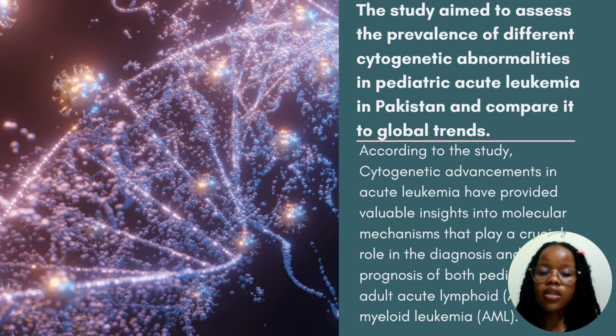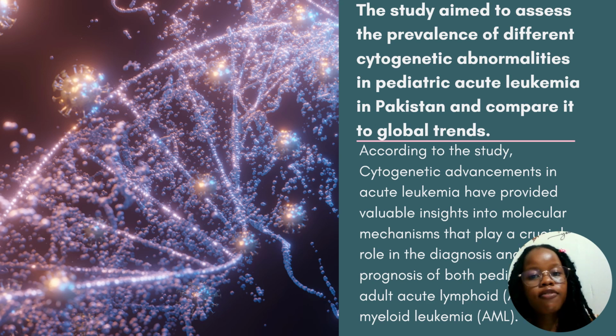Still on the introduction, the study aimed to assess the prevalence of different cytogenetic abnormalities in pediatric acute leukemia in Pakistan and compare it to global trends. And so it investigated the occurrence and the comparison of different cytogenetic abnormalities in pediatric acute leukemia, specifically B-cell acute lymphoblastic leukemia, also known as BL, and acute myeloid leukemia, known as AML, just abbreviations to these, as I already defined them, and to help us understand these myeloid disorders further.